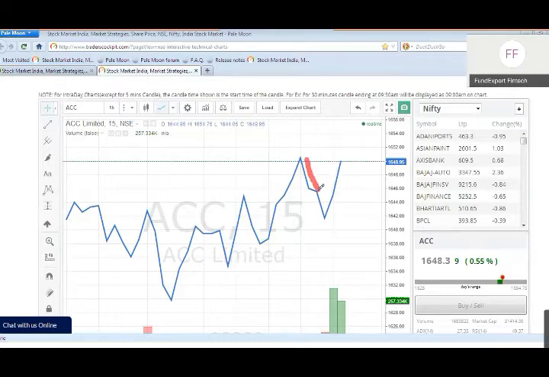Along with a reversal, this helps to capture trades at an early point when the reversal is happening.